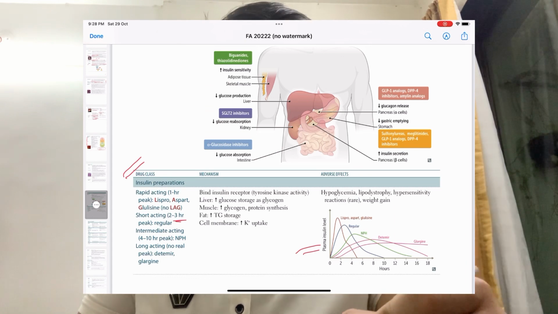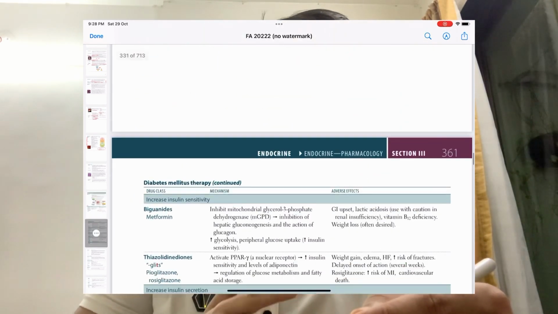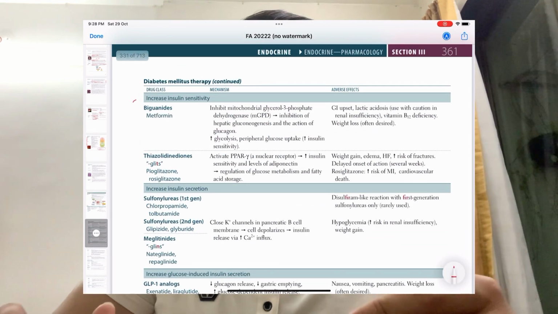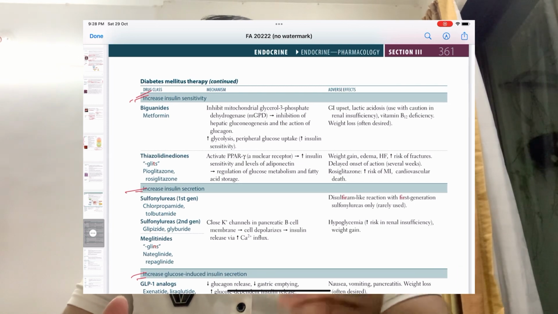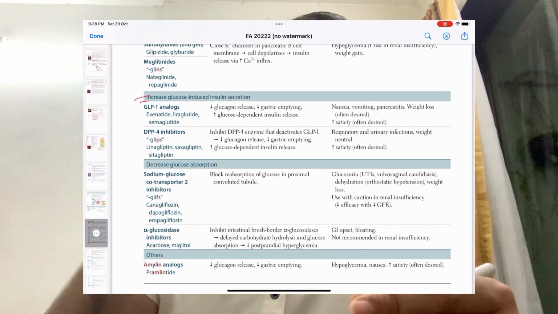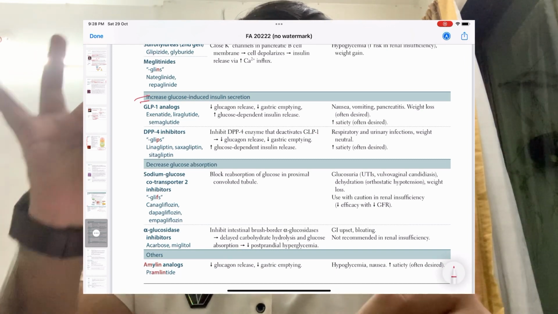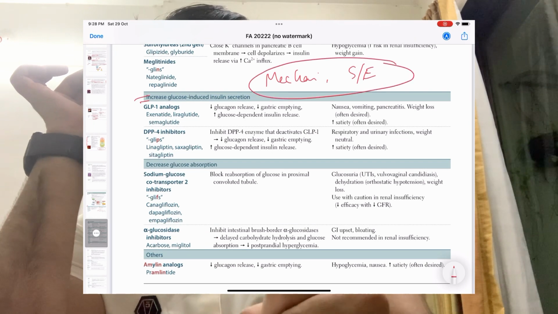Okay, and this is very confusing, and you need to continuously revise. Only thing is continuous revision is the only key. Okay, moving ahead, all these drugs increase sensitivity, secretion, glucose induced insulin secretion. Each and every drug along with their mechanism and side effect, that is what pharmacology tests. Mechanism and side effects.